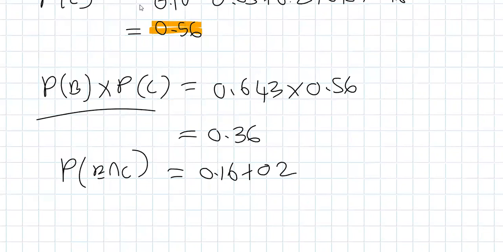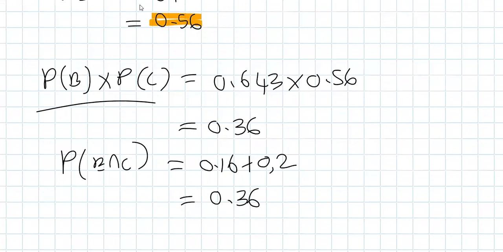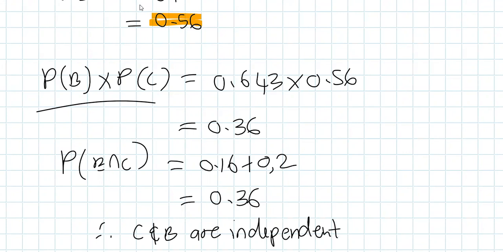Add those together on the calculator, and it does indeed equal 0.36. Therefore, B and C are proven to be independent events.